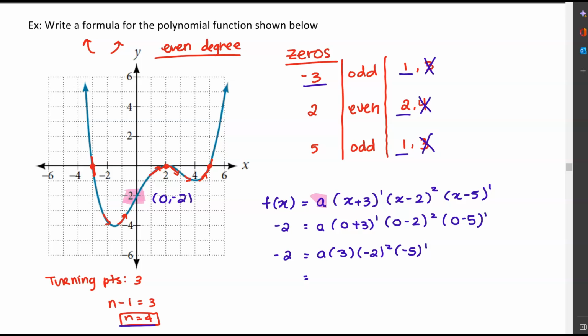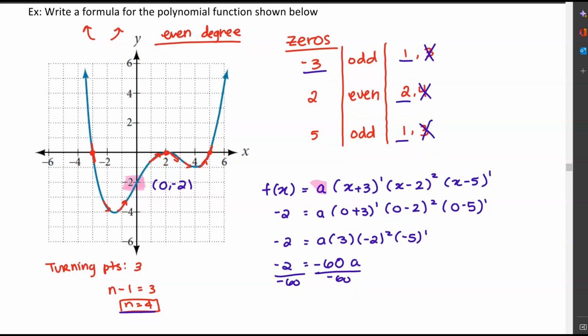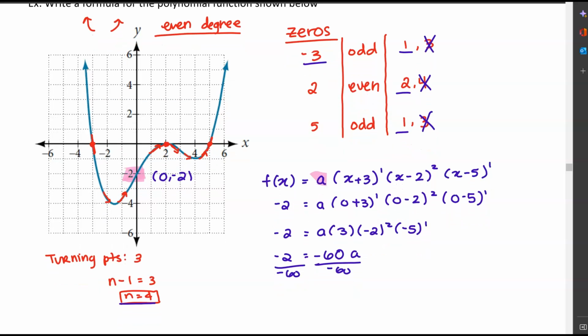So we're going to go ahead and multiply this out. So 3 times -2 squared times -5, that gives us a -60. 60a, and this is a -2. We're going to divide both sides by -60. And so we get that a is equal to 1 over 30. So this is our a.